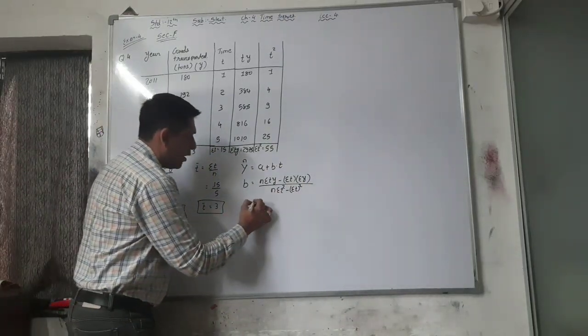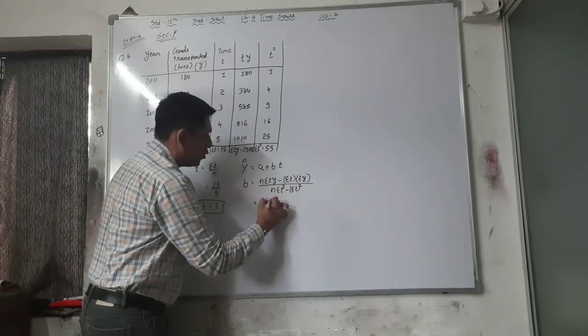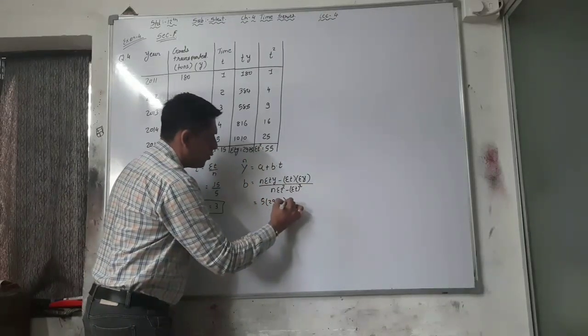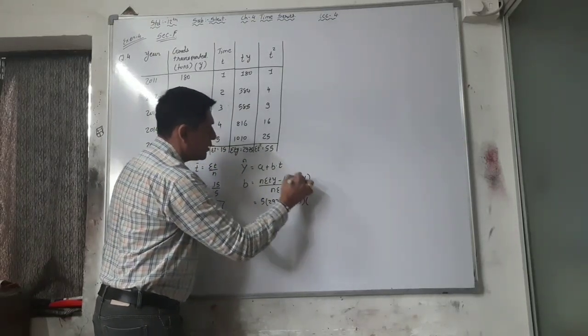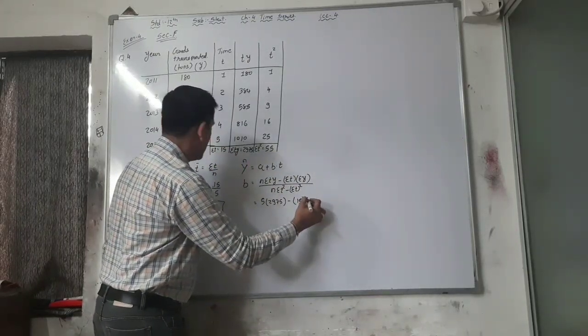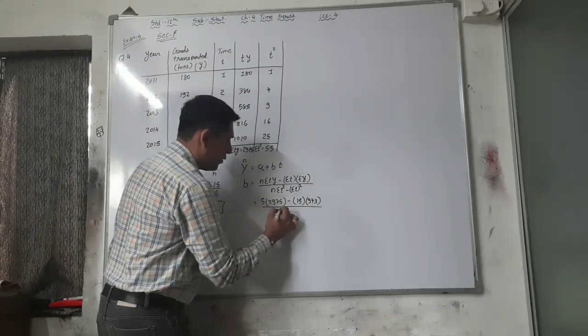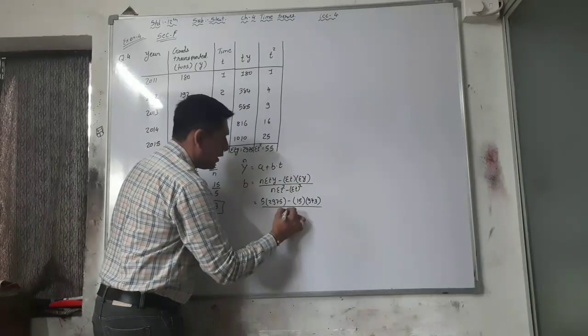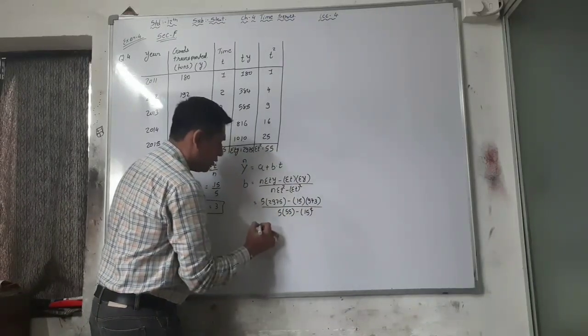Okay, put the values here. n is equal to 5, sigma ty 2975 minus sigma t, it is 15, sigma y it is 973, divided by 5 into sigma t square, that is 55 minus 15 whole square.